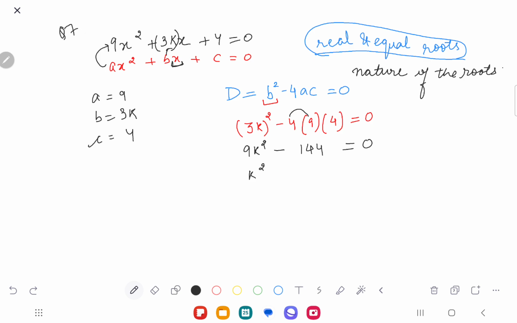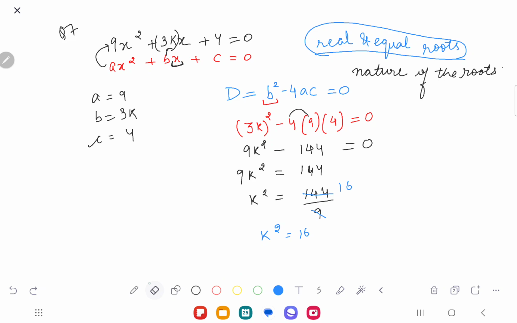So 9k square shall be 144. You turn it this side. Yes or no? Thereby k square shall be 144 over 9. And what is that? 16 times 9 is 144. So k square we have as 16.